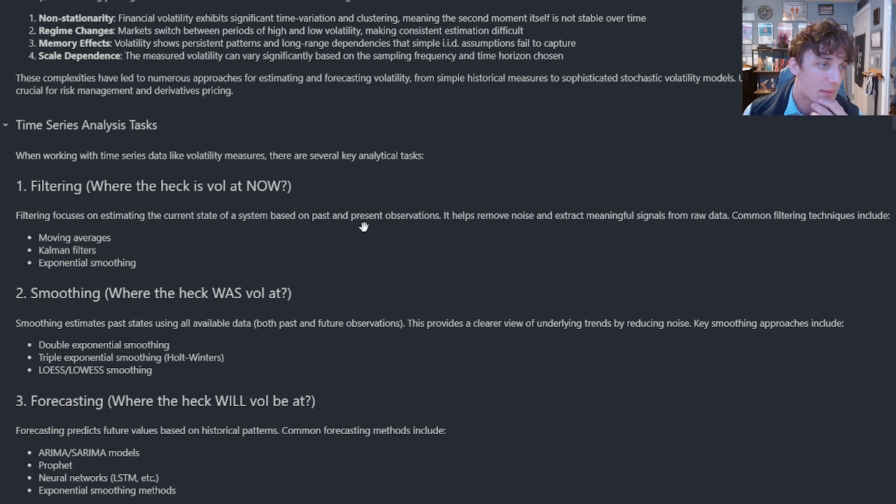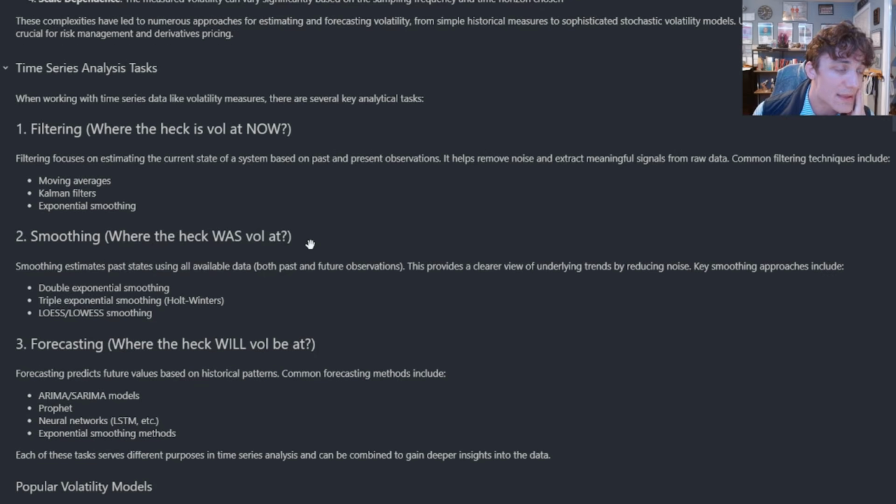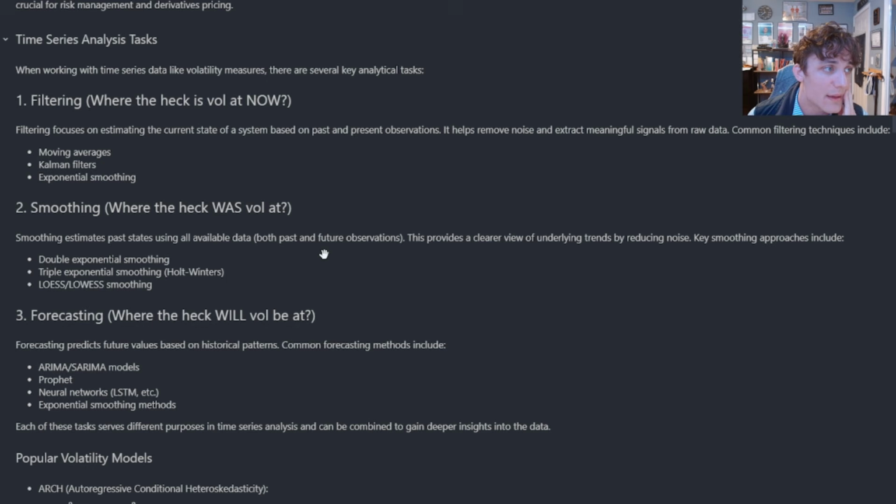So in terms of time series analysis tasks, remember, if volatility is a random process that evolves over time, this is going to be relevant to the entire study of time series. There are three tasks essentially that you can do in a time series setting. You can filter, smooth, or forecast. And all that really means, and I've broken it down here, is filtering is where the heck is vol at now?